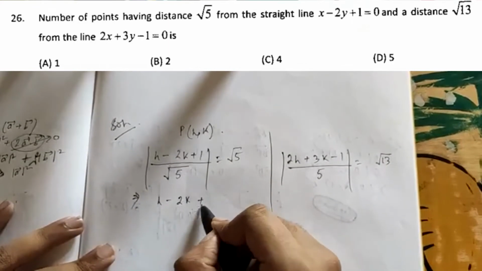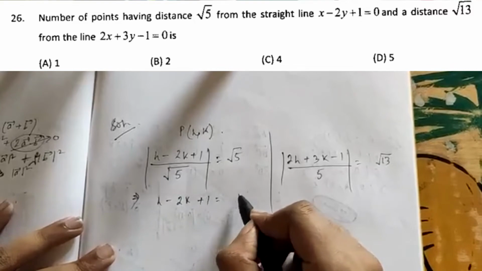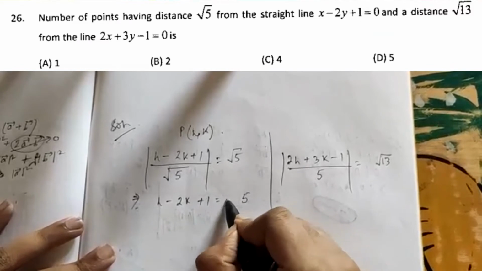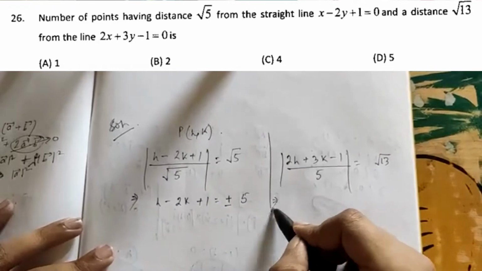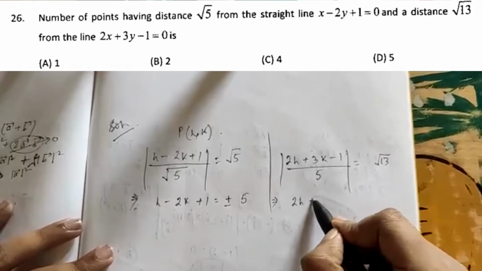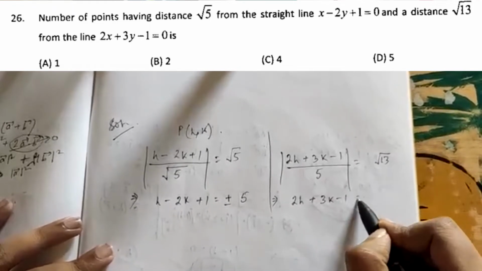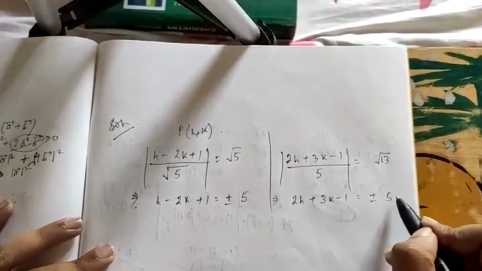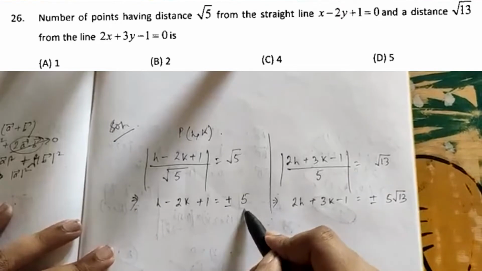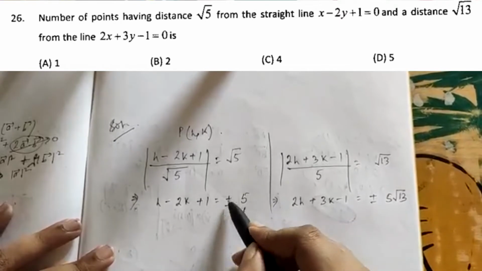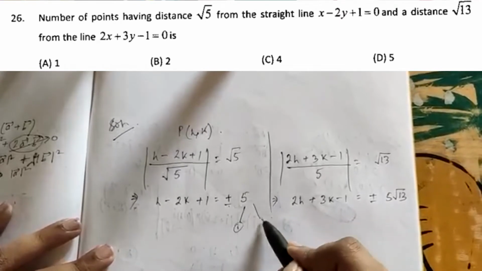H minus 2k plus 1 is equal to 5. I am breaking the mod, so I am giving here plus minus sign. Okay, and similarly in this case, 2h plus 3k minus 1 equal to plus minus 13. So from here, this equation plus minus, there are coming two equations.